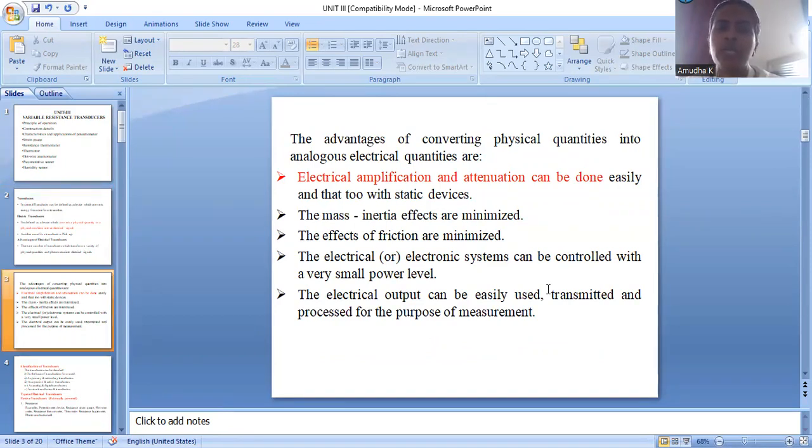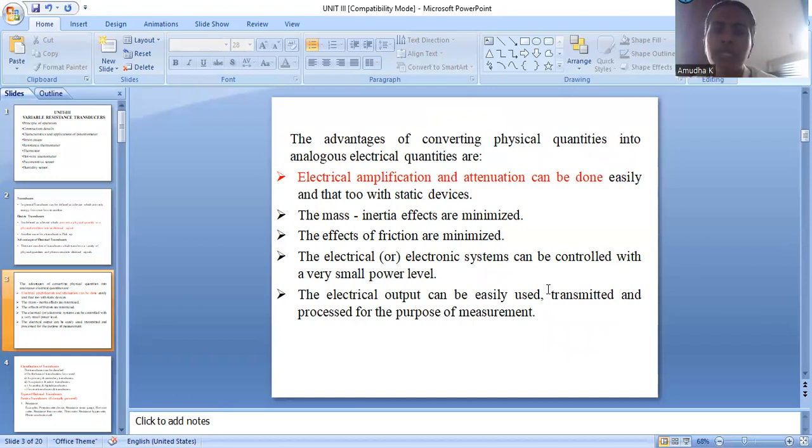The mass inertia effect is minimized. In a mechanical translational system, the weight is called mass, M. In a mechanical rotational system, the weight is called inertia, the moment of inertia, expressed by the letter J.